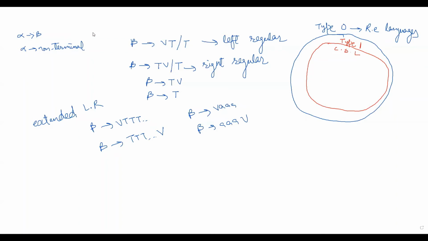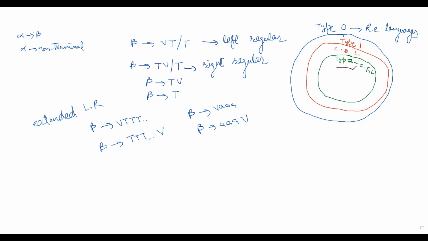Then the subset of type 1 is type 2, which generates context free language.